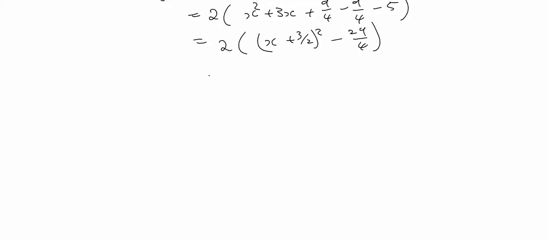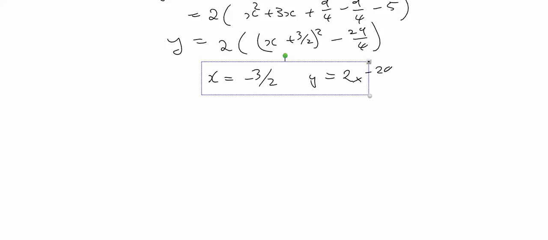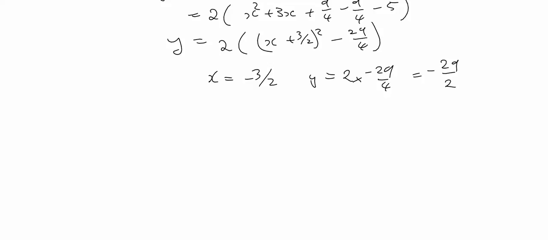So if x equals minus 3 over 2, we have y equals 2 times minus 29 over 4, or minus 29 over 2. That's minus 14 and a half.